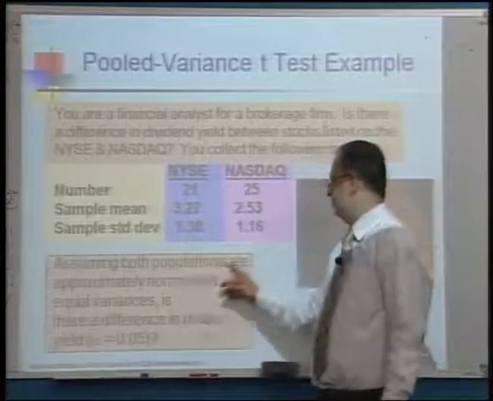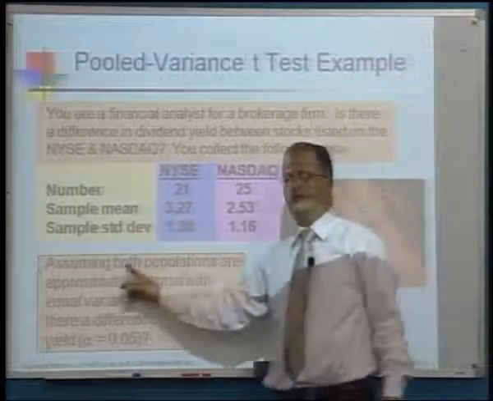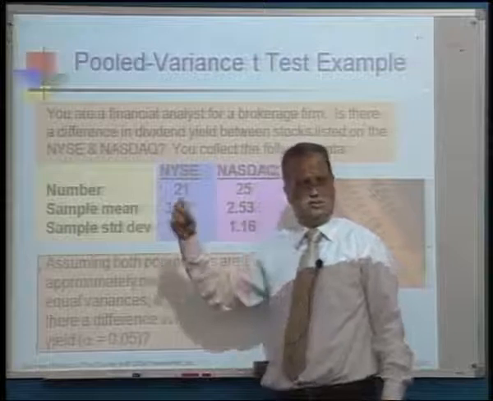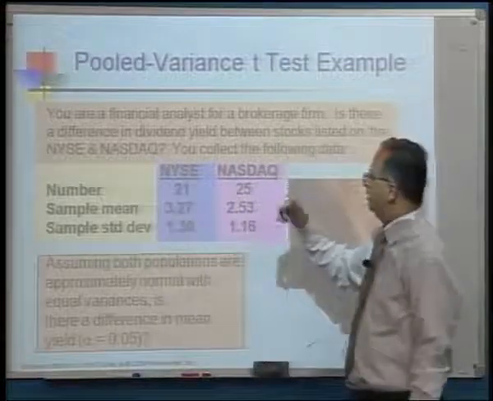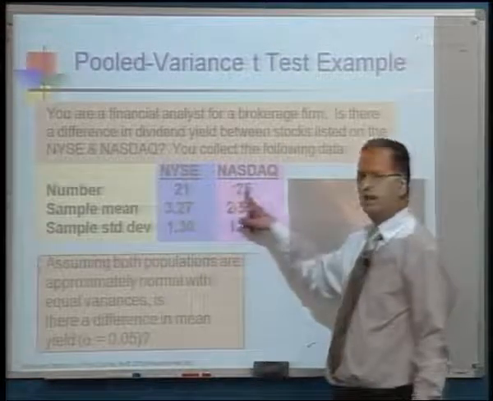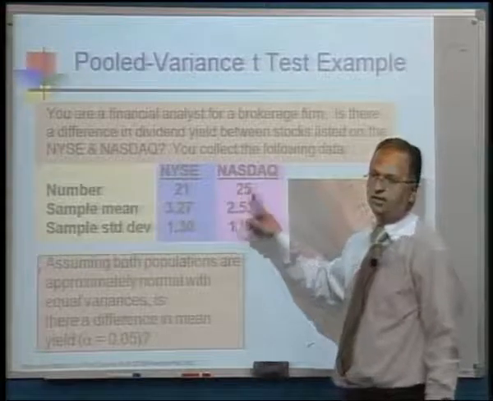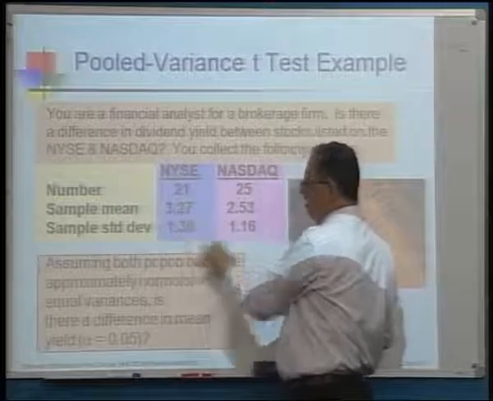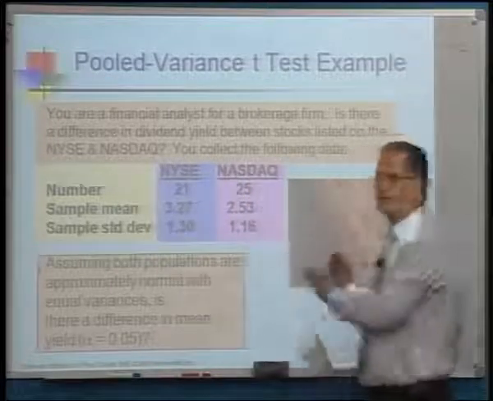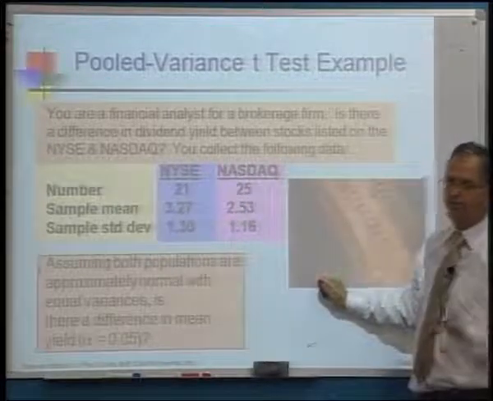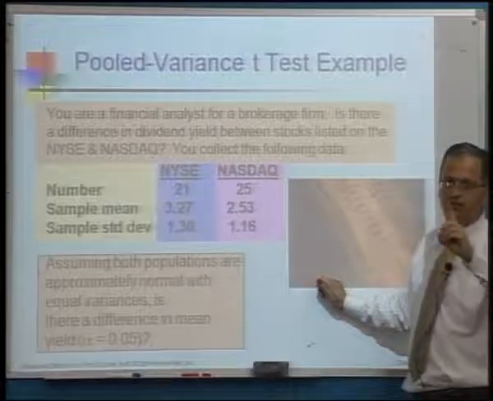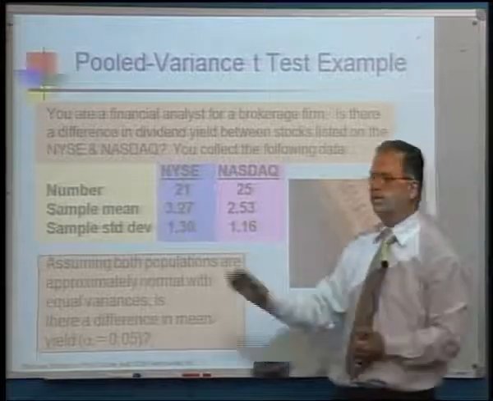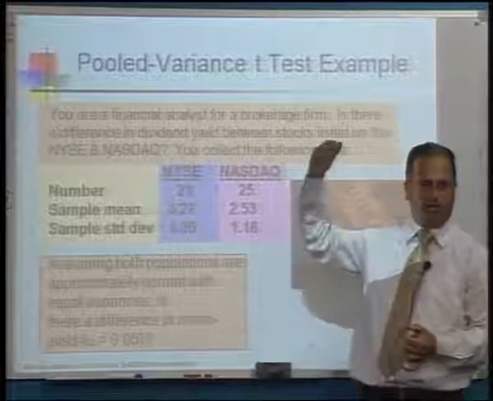Assuming both populations are approximately normal. We have to assume they are normal because the sample sizes are less than 30. In this case, if they are smaller than 30 and the populations are not normal, we cannot use the t-statistic. T is used only if populations are approximately normal or n is larger.